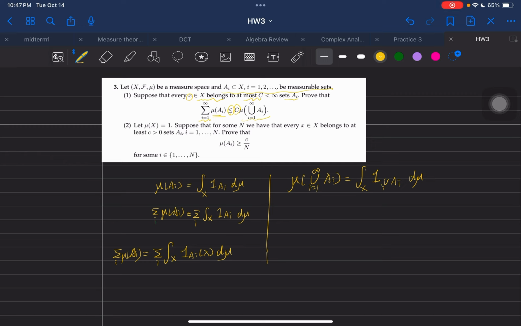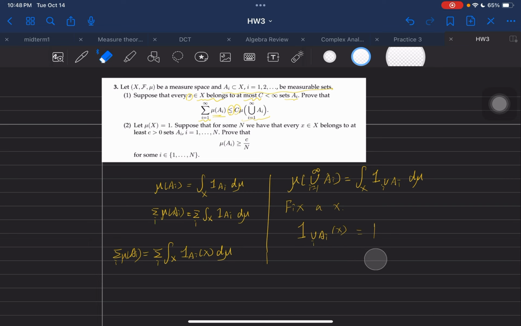Now let's also do the same thing by fixing x and see what the function would do. If x belongs to one of the AIs, then the value would be 1. And if x doesn't belong to any of the AIs, then the value would be 0.